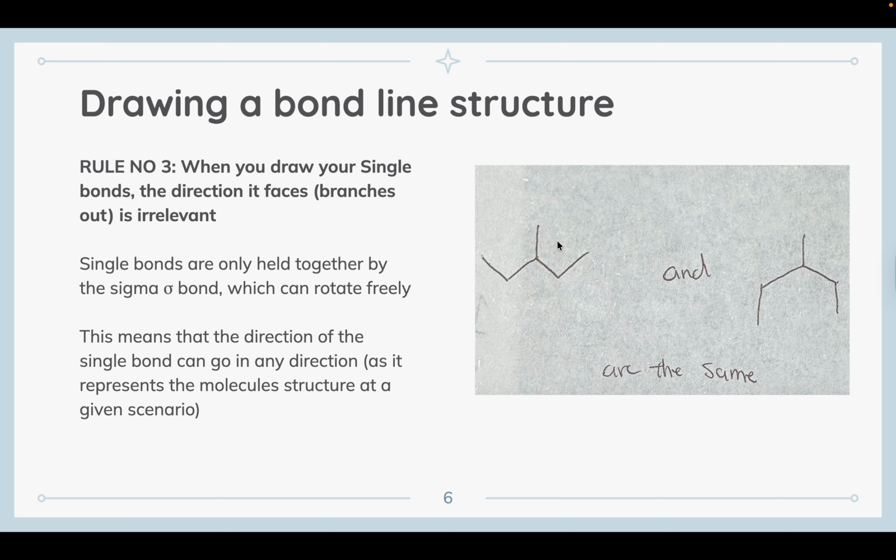The carbon that's sticking out of here sticks out from the third carbon, and the same goes for this one. If you follow the rules for formal charge, the number of hydrogens is the same in both. So that's just one thing to keep in mind when they give you two structures and ask, are they the same or are they different?